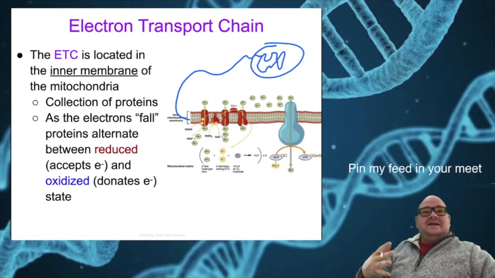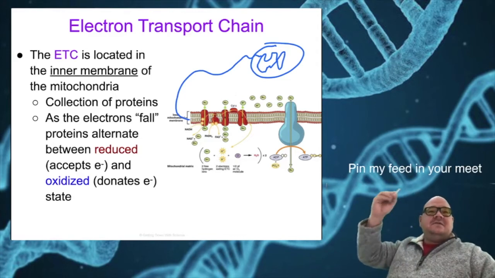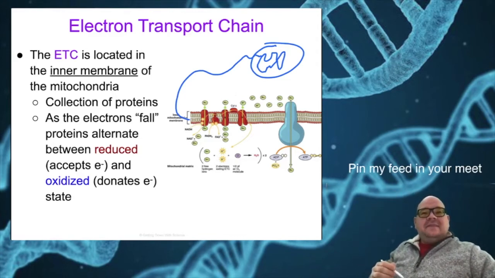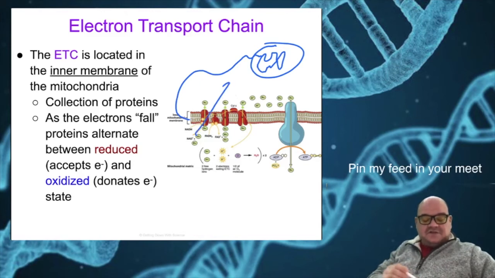What is it basically? It's a collection of protons, and the electrons fall. What do I mean by that? They just keep jumping down, and they keep getting reduced and oxidized, reduced and oxidized. And as they do this, that hydrogen concentration builds up.